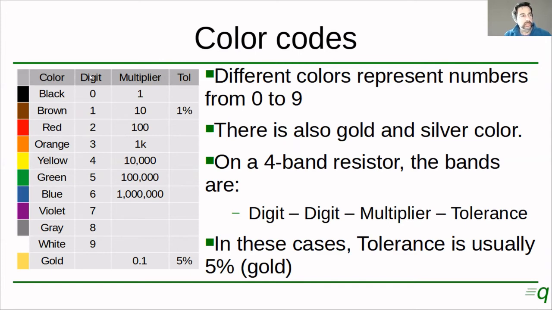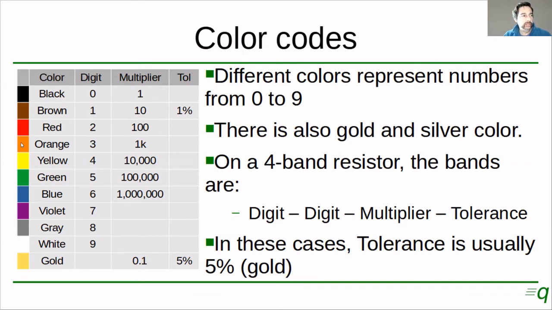Whenever these are in a digit position, remember on a 4-band resistor, there's digit, digit, multiplier, and tolerance. If we have a gold band in the tolerance, that's going to be 5%. This is the value of the digit, and then this is the multiplier.